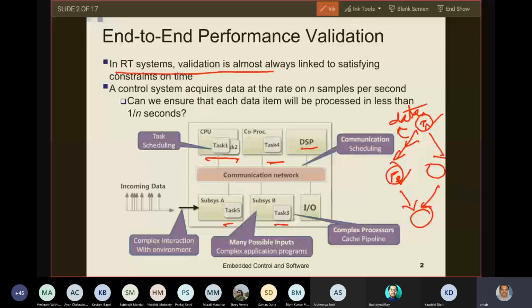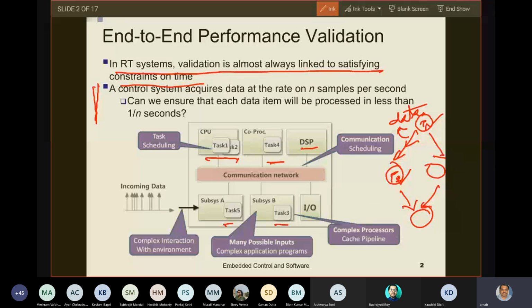So the analysis has to check whether, even in the worst case scenarios, given the design that I have done, given the amount of hardware resources and bus resources that I have allocated to my tasks, and the scheduling algorithms that I have put in place, does it meet end-to-end performance goals?